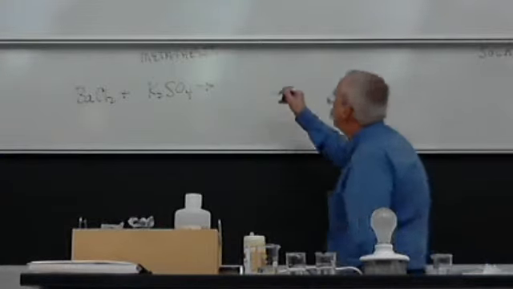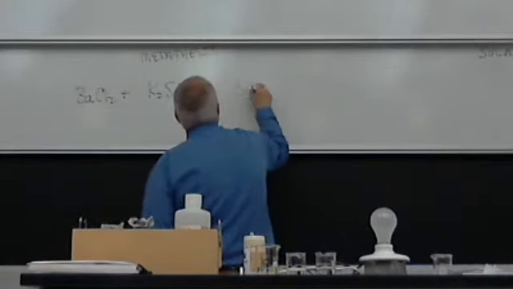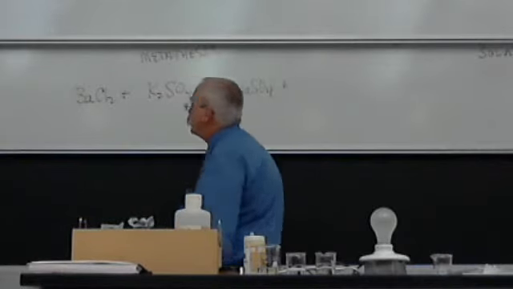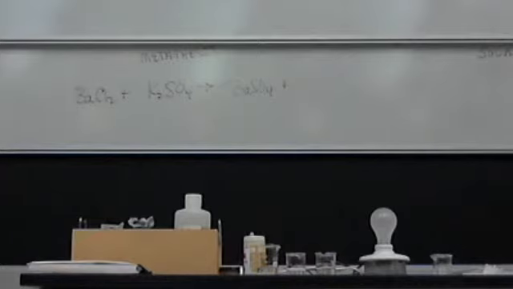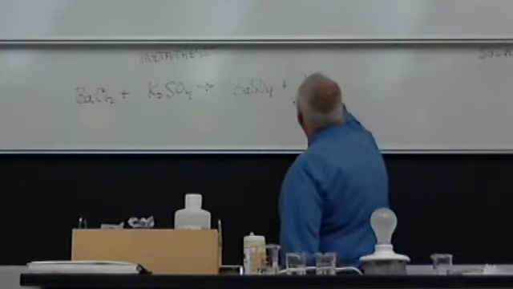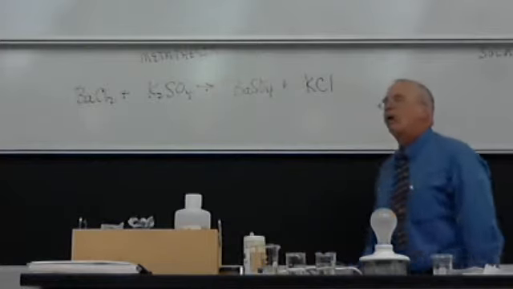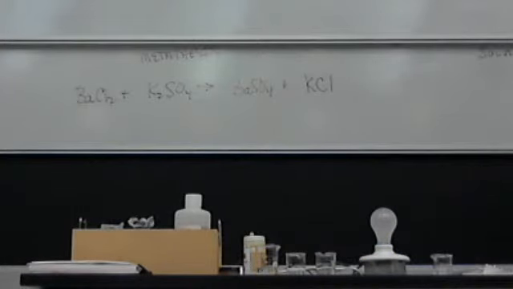Remember the positive always comes first. So we have BaSO4. All right, second combination, potassium with chlorine. Potassium is a +1, chlorine -1. Correct combination, 1 to 1, KCl.